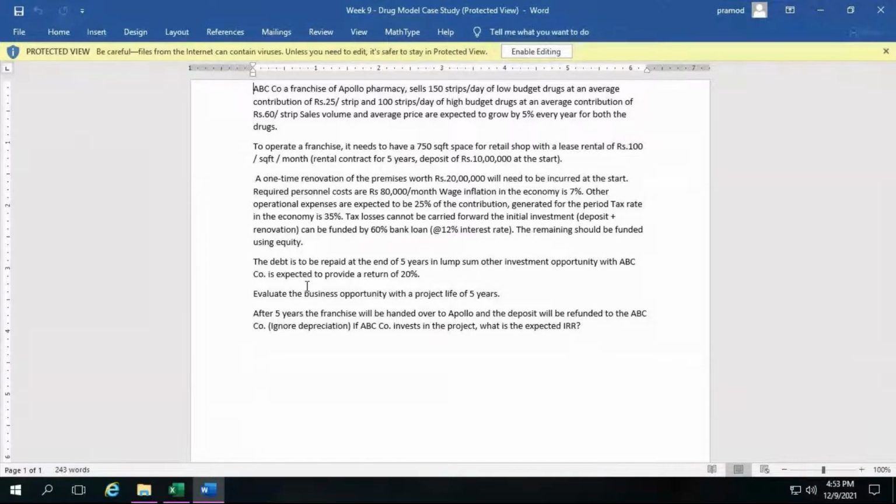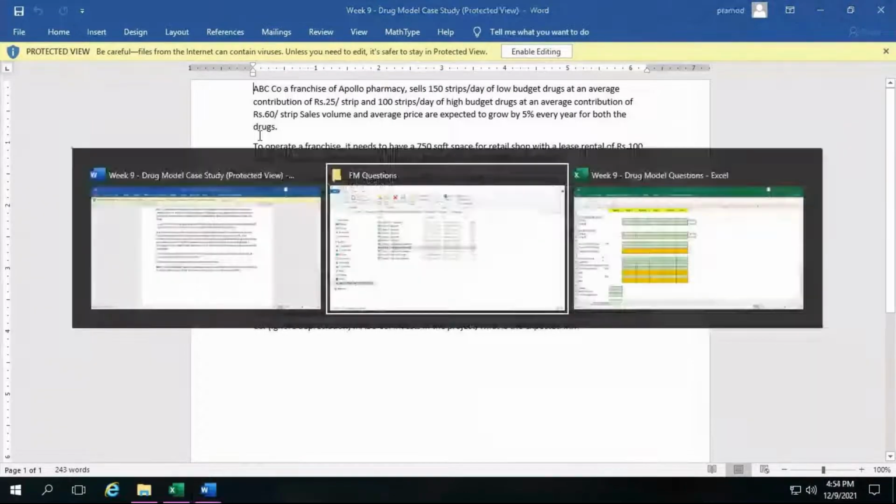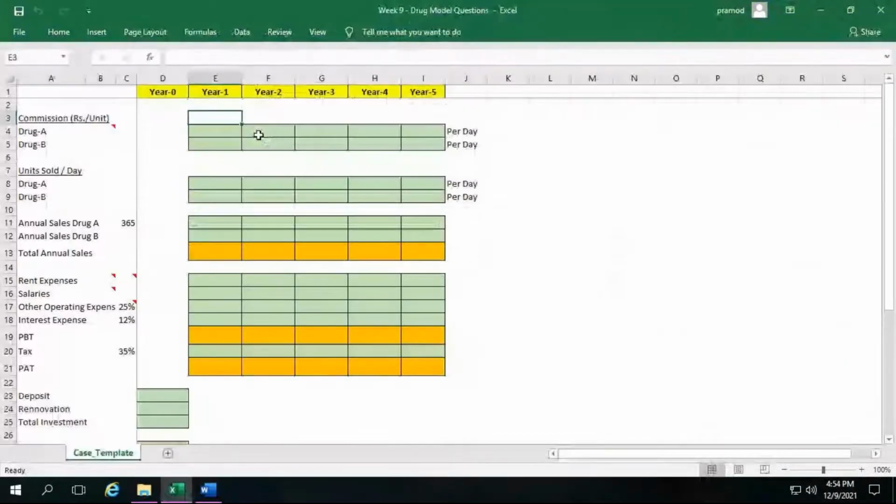So here, drug model. Selling the strips at 150 per day, and the price is 25. 100 strips per day, then that is 60 rupees per strip. 5 percent year growth.